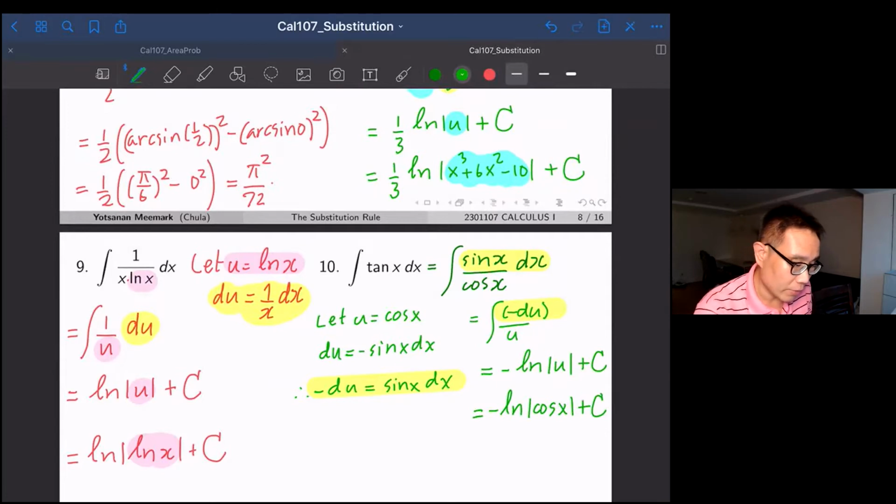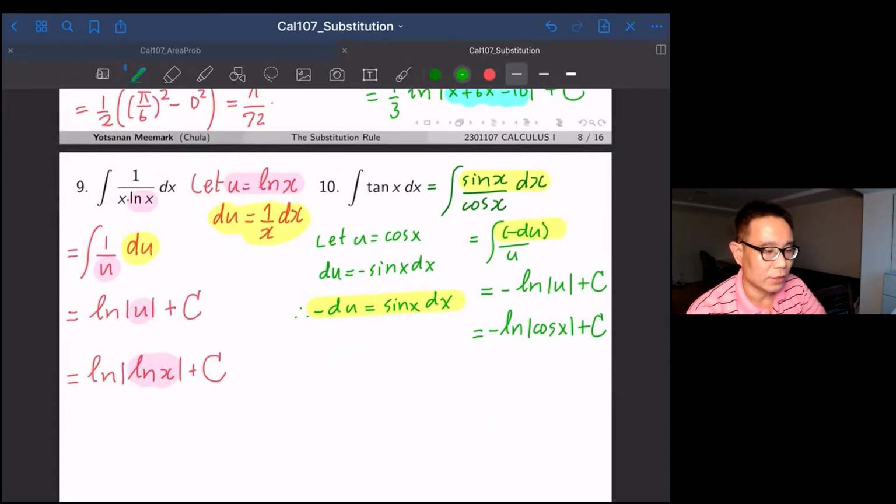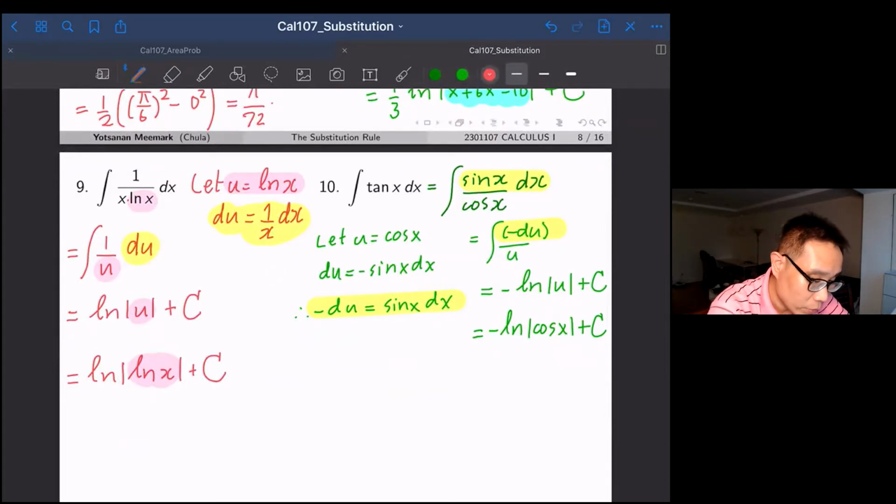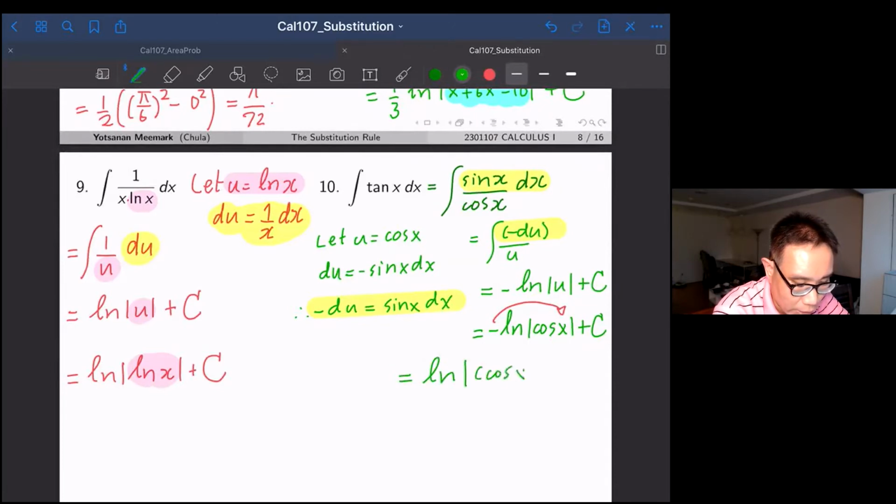However, mathematicians do not memorize this in terms of negative log cosine. We move the negative one to the cosine, so this will be log absolute cos x to the negative one plus c.